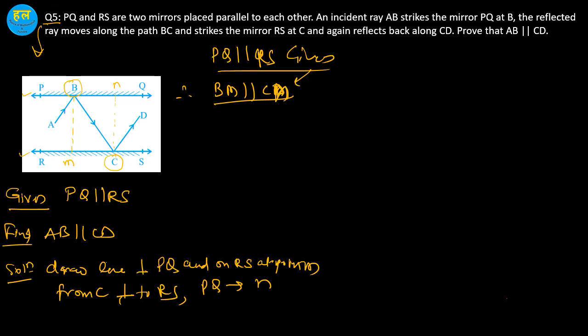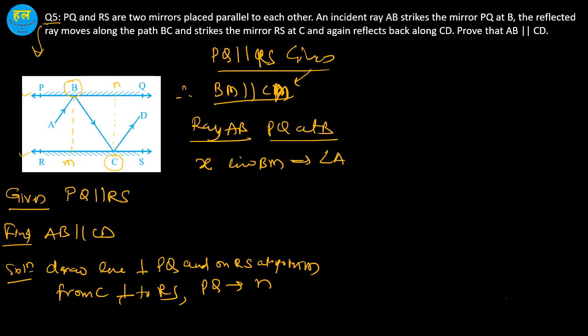Okay, now the ray AB strikes the mirror PQ at point B. So this AB ray will make an angle, let us suppose x, with line BM.